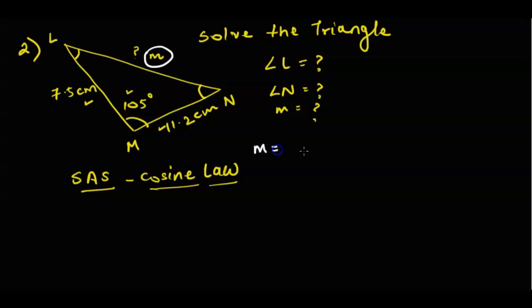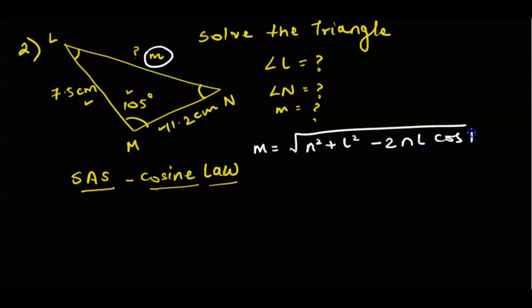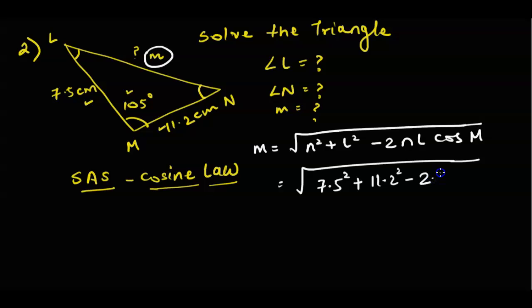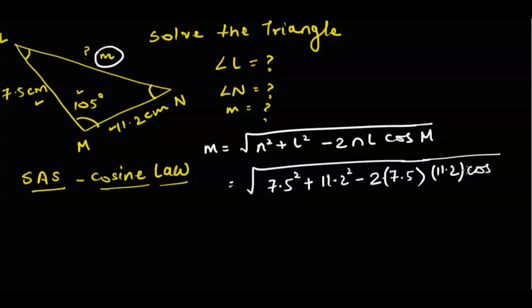So side M would be equal to the square root of n square plus L square minus 2nl cosine angle M. Now when we sub in all the values, n is given to us as 7.5 square, L is given to us as 11.2 square, minus 2 times 7.5 times 11.2 times cosine angle 105 degrees. All we have to do is just put this in a calculator and solve for it.